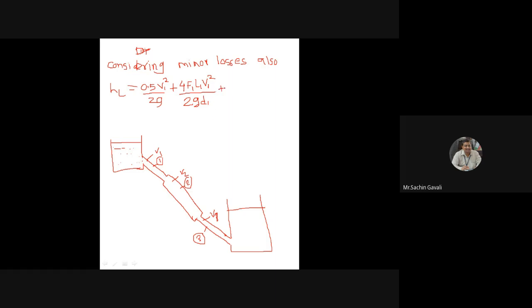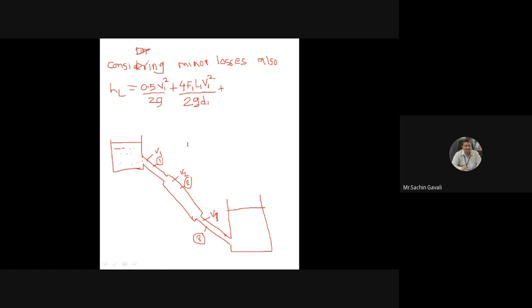Okay. Now, after we have considered first minor loss and first major loss, then second minor loss will be, Nikita is understanding all. Others, please reply. Second minor loss will be between first pipe and second pipe. What happened there? Sudden enlargement. Very good. And what is the equation for sudden enlargement?